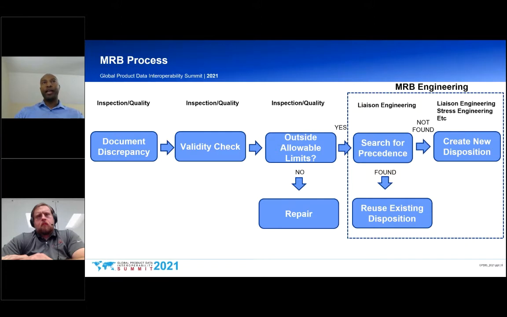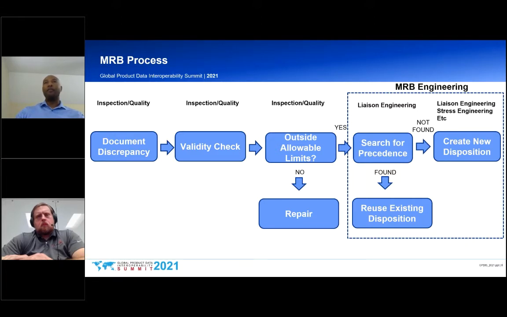And when I say discrepancy, I'm referring to things such as out of tolerance values for fastener, or maybe there's a step condition on a composite part, things of that nature. So if the discrepancy is outside of allowable limits, then a disposition needs to be developed in order to account for it.